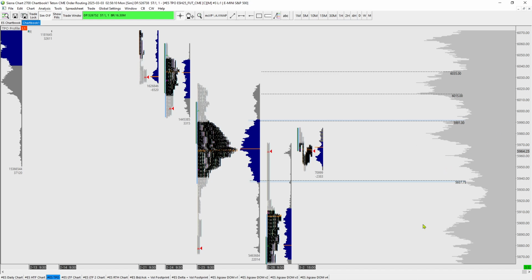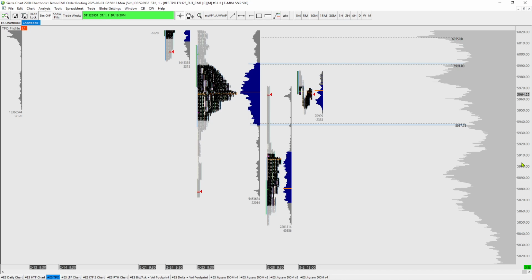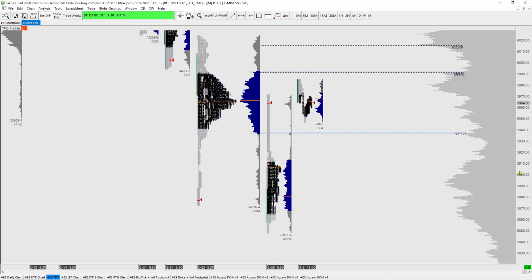Another level that I think will be important to mark is the point of control, the volume point of control, which basically means the price point at which the most amount of volume was transacted. That can be spotted with the red, or is that orange, the orange stripe on my volume profile. That's usually quite a big level of interest for large participants.